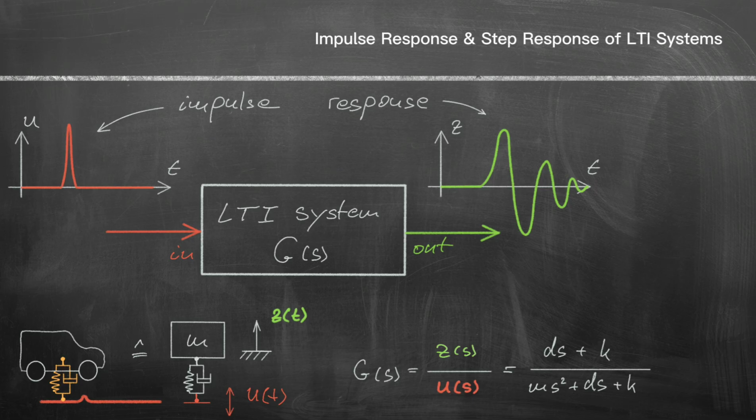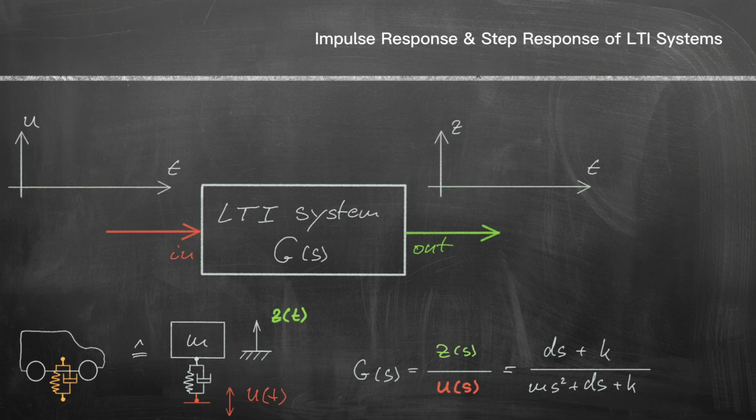We can perform the same type of analysis using the second extremely relevant test signal, namely the step excitation. In this case, imagine that the vehicle drives onto an elevated platform and remains at this higher level. This corresponds to a step in the input signal.